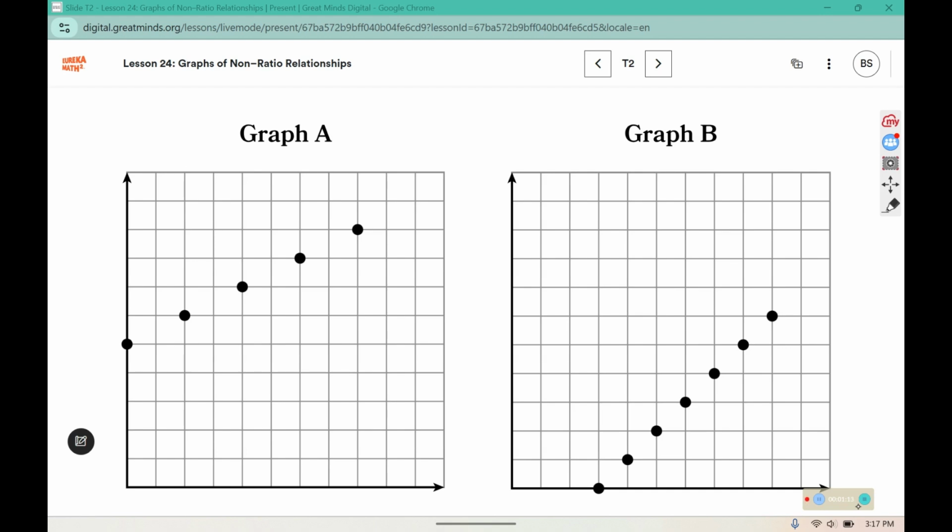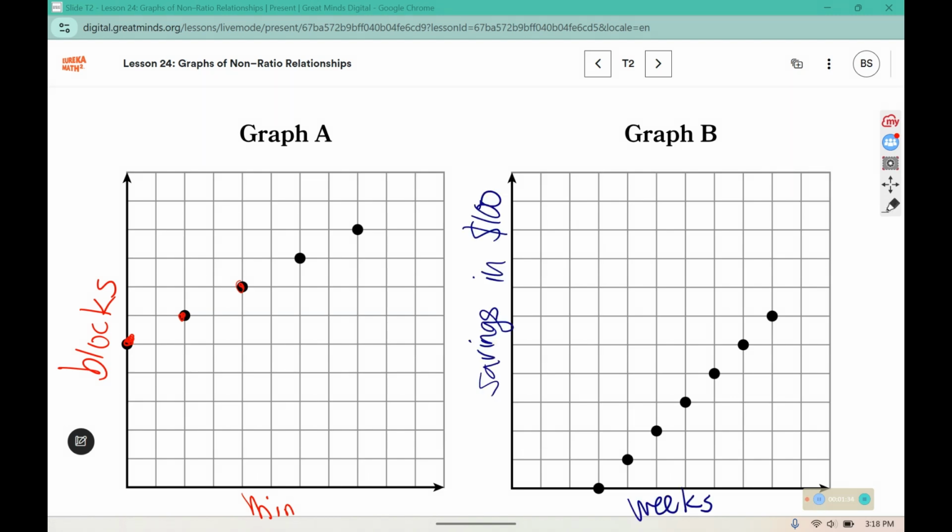So this axis would represent the minutes, and then this would be the blocks from home. So we started out 5 away from home. 2 minutes later, we're 6 away from home. And then 2 minutes after that, we are 7 blocks away from home.